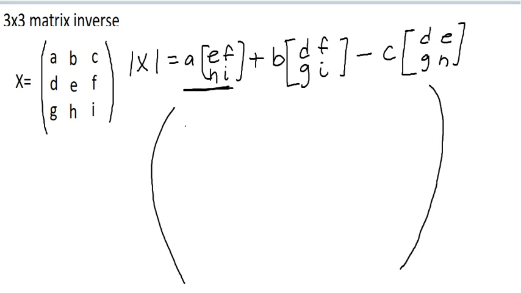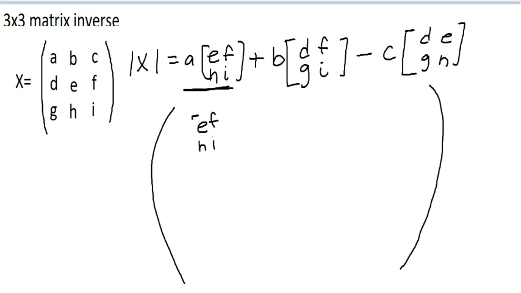To get the first value, the first row of the first column of this, we need to get the inverse of what's left after we cancel off the first row of A and the first column of A. So in this case, it's E, F, H, I.